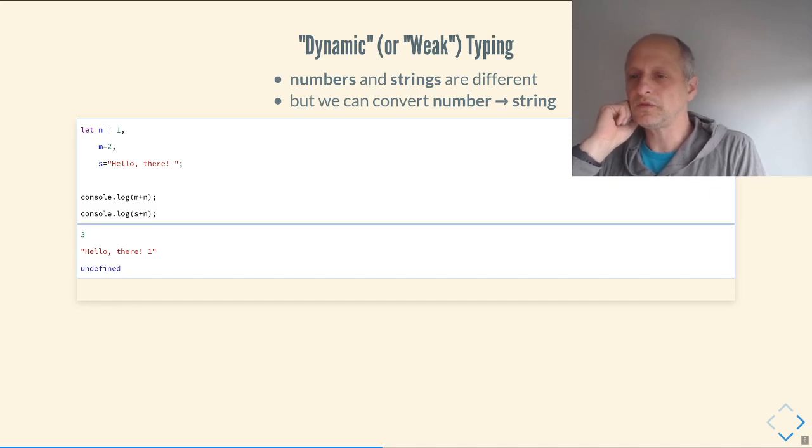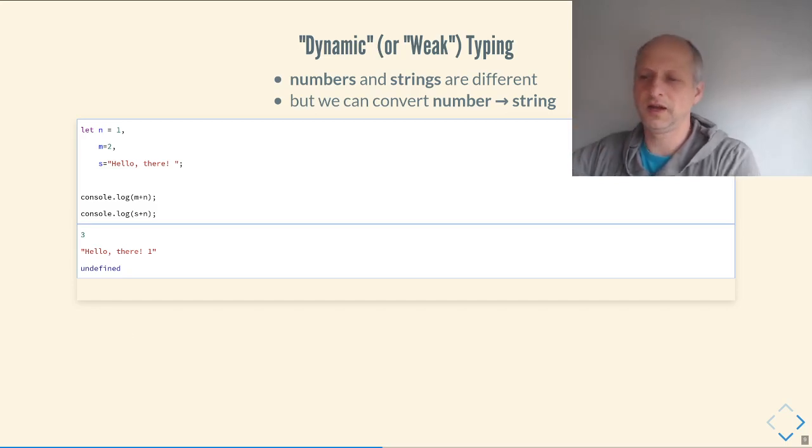So, for instance, I have three variables here: m, n, and s. n and m are numbers, 1 and 2, and s is a string, "hello there" with a space after it. If I log to the console the value of m plus n, then JavaScript will be smart and add the numbers together.